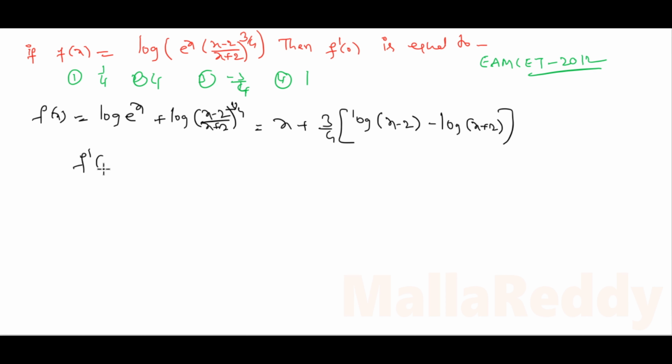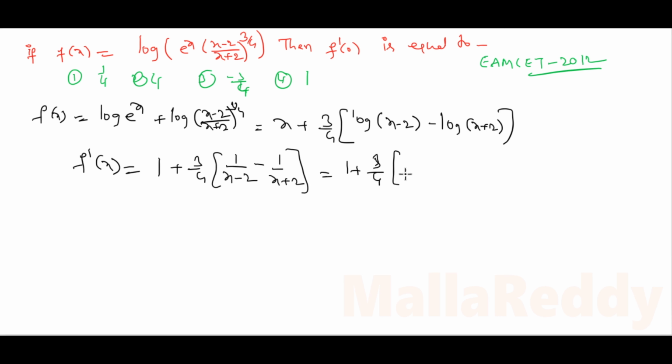Now we take the derivative. f dash x is equal to, derivative of x is 1, plus 3 by 4 into log of x minus 2, derivative 1 by x minus 2, minus log of x plus 2, derivative 1 by x plus 2. That is equal to 1 plus 3 by 4 into, take LCM, that is (x minus 2) into (x plus 2), that is x square minus 4.